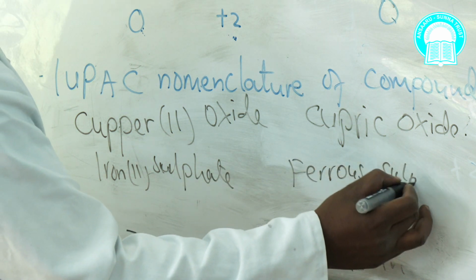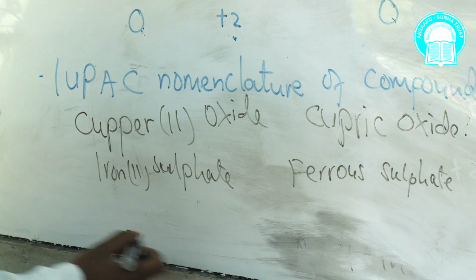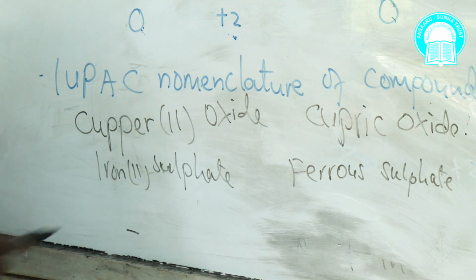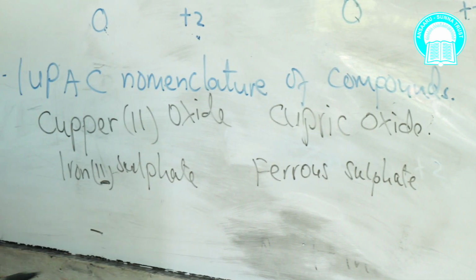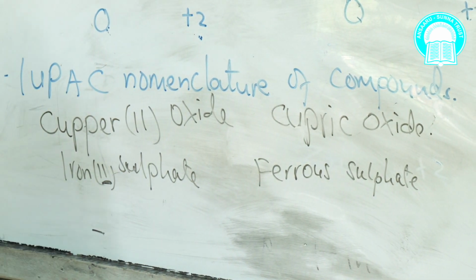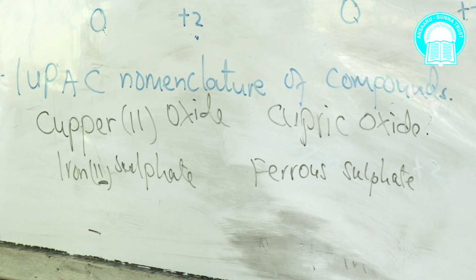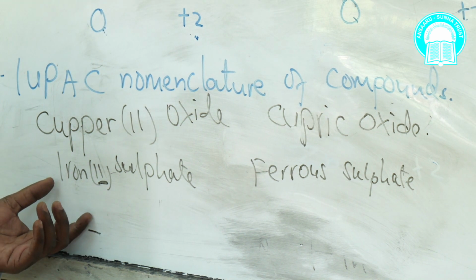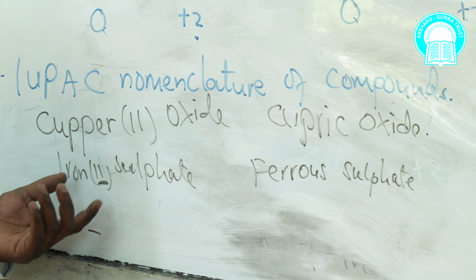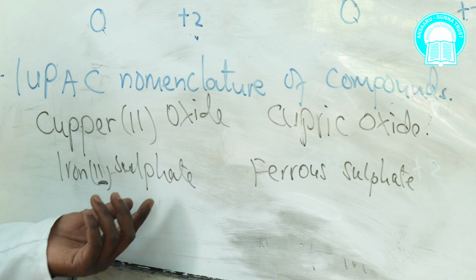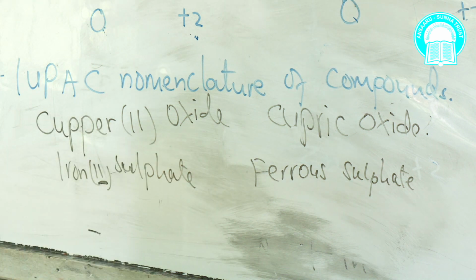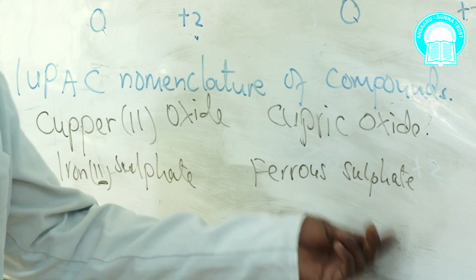But iron 2 sulfate means that the oxidation number of iron in this compound is positive 2. So we can use oxidation numbers to name compounds of elements, especially those that have got more than one oxidation state.